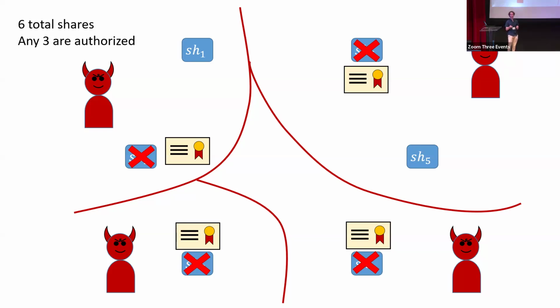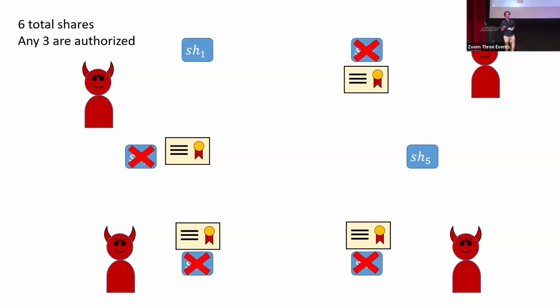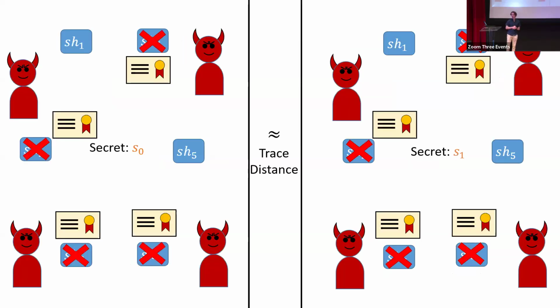And if the remaining shares, share 5 and share 1 up here, are not authorized together, since there's only 2 of them, they get to combine their views. The security requirement we want is that the final combined view should be independent of the secret. More specifically, it should be statistically close between the secret being S0 and S1 for any S0 and S1.